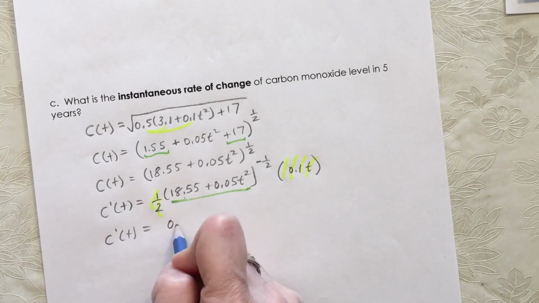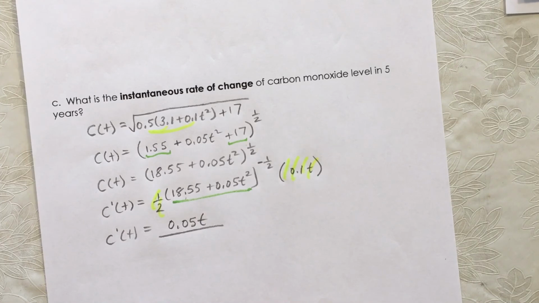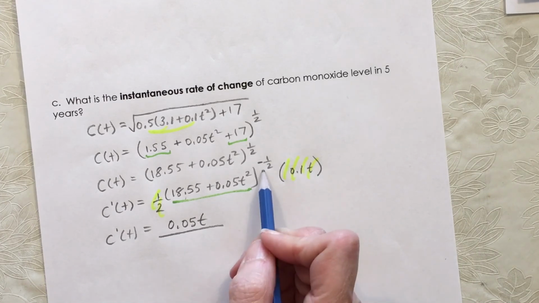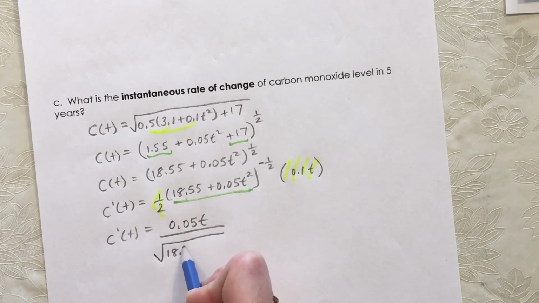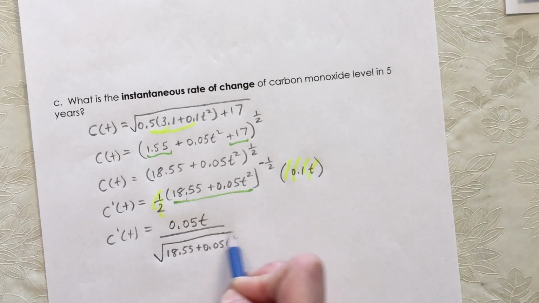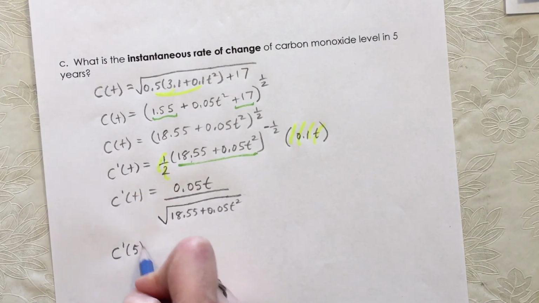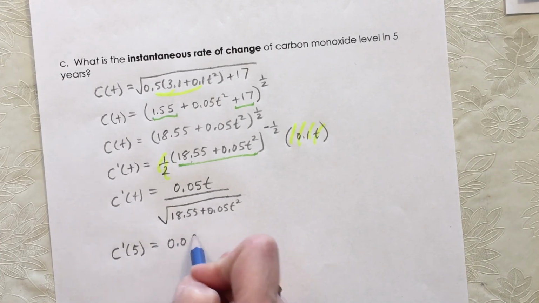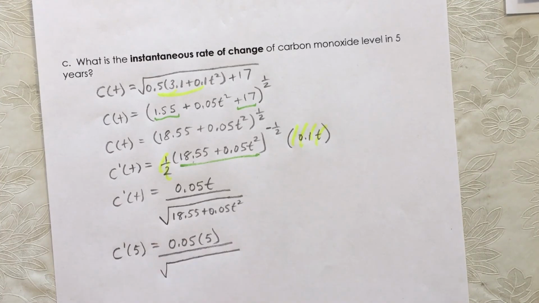So on the top I'm going to have 0.05 t, if I multiply those monomials together, and then this is going to move to the bottom and become the square root of 18.55 plus 0.05 t squared. And now I have to find c prime at 5 and be able to put it in my calculator properly.